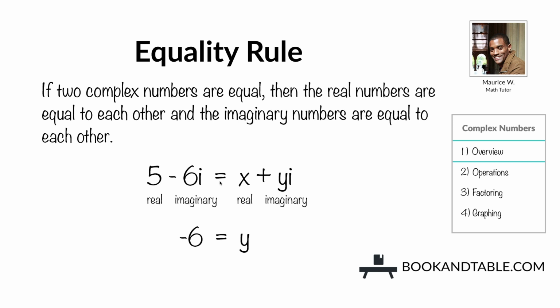Except you must remember that on the left side, the real number is only equal to the real number on the right side, and the imaginary number or expression on the left side is only equal to the imaginary number or expression on the right side. So you'll deal with them separately when solving for variables.